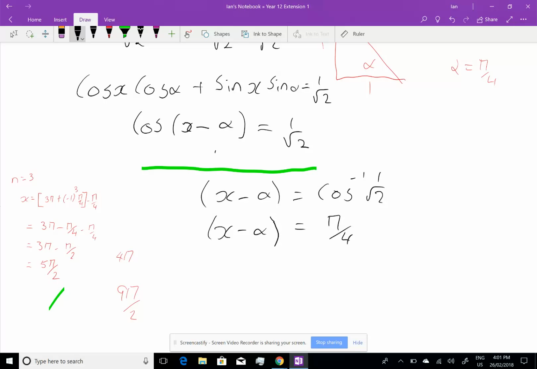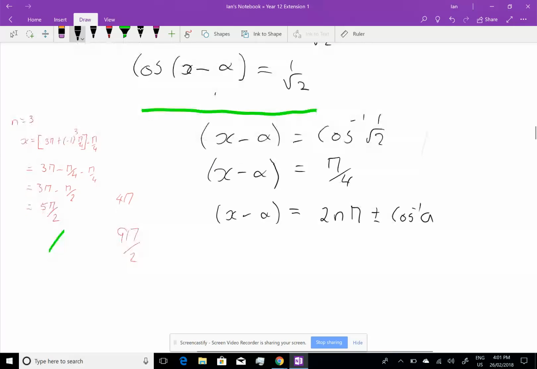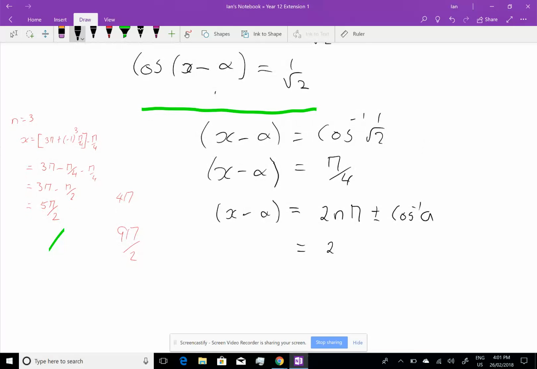Now the general solution, and as I look to my formula sheet again, it is x minus alpha equals 2n pi plus or minus inverse cos of a. Well, that was pi on 4, so it equals 2n pi plus or minus pi on 4.